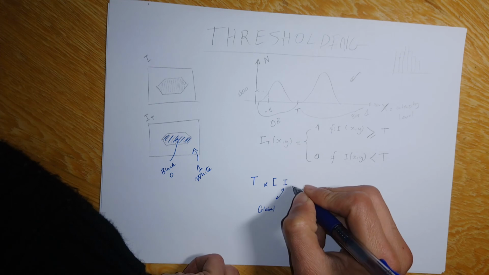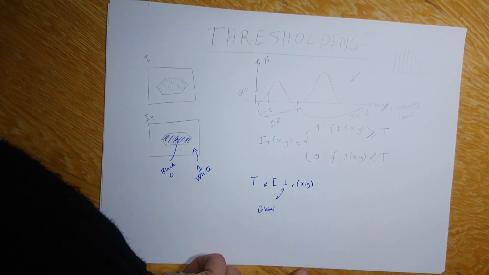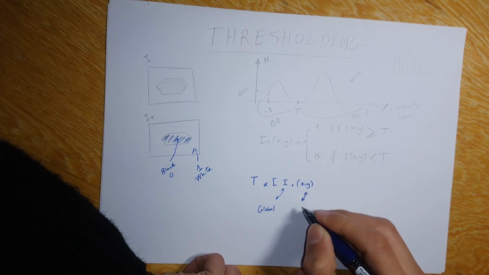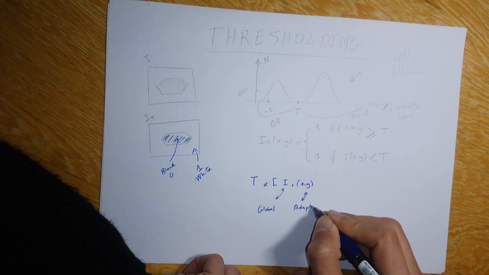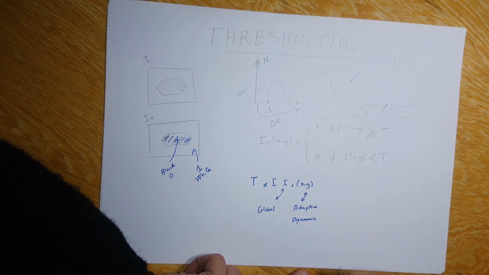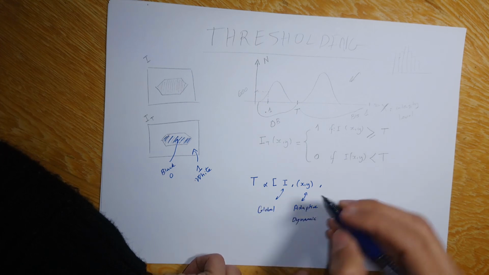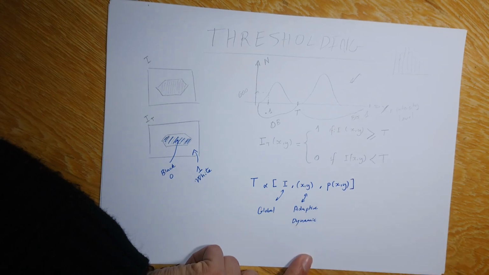The threshold can depend also upon the position of the pixel, xy. In that case, the threshold is called adaptive or dynamic. Okay, and another quantity that the threshold can depend on is the property of the neighborhood at a given position.